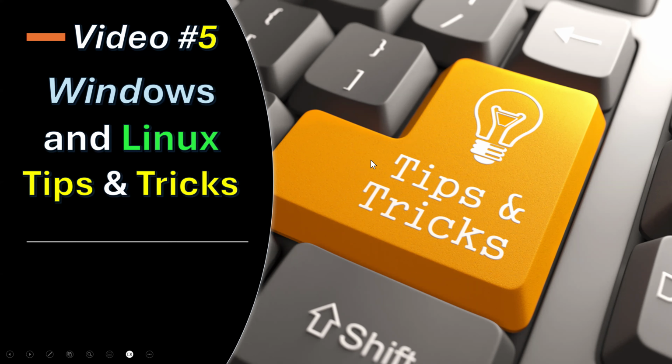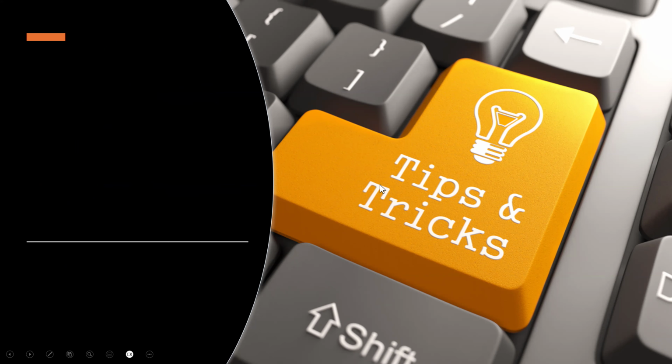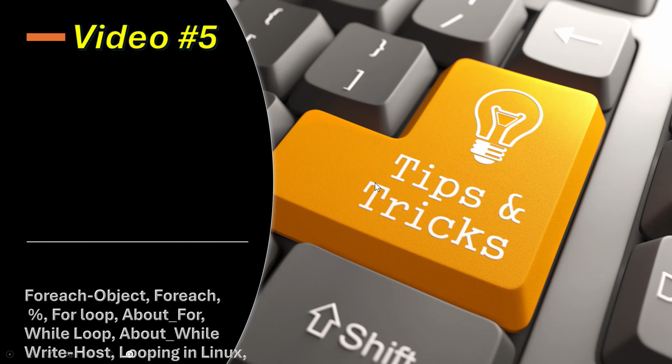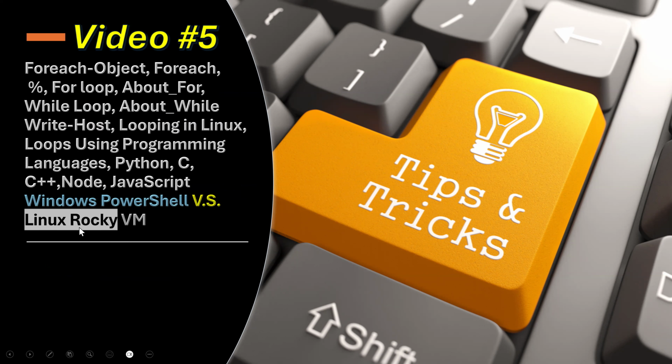When I talk about Windows, I'm mainly discussing PowerShell command lines and PowerShell examples, as well as DOS, disk operating system commands sometimes, but mostly PowerShell. And when I'm talking about Linux, in this example, I'm discussing a Rocky Red Hat, so you can see a Rocky Linux virtual machine on the Linux side.